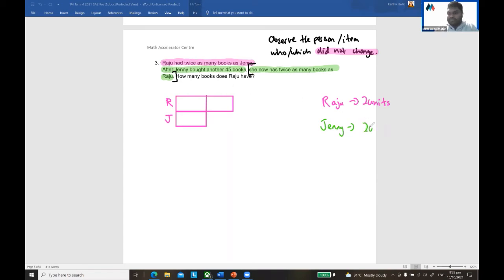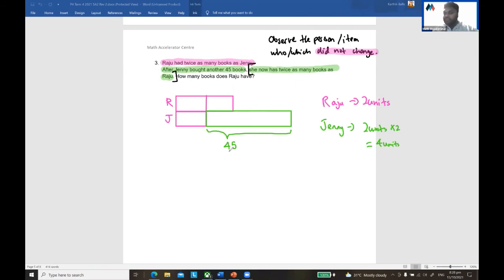Write down 2 units times 2, you get 4 units. So which means after buying 45 books, Jenny now has 4 units, right? Okay, so I'm going to put this here as 45.